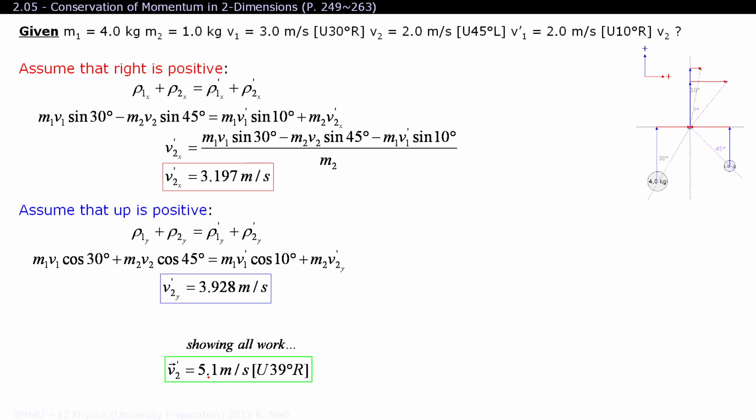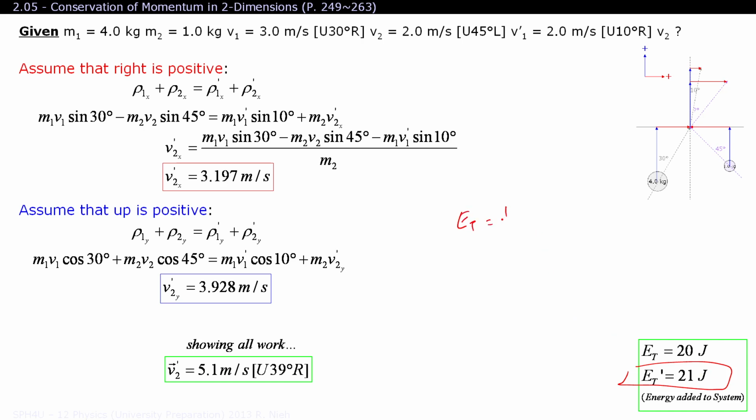Now I see there's a bunch of other scribbles in my PowerPoint. One thing about this weird collision is that the energy afterwards still happens to be a bit more. If you're wondering how we calculate total energy, it's not too difficult. Total energy is equal to 1/2 m v1 squared plus 1/2 m v2 squared. That's the total energy you had before the collision.